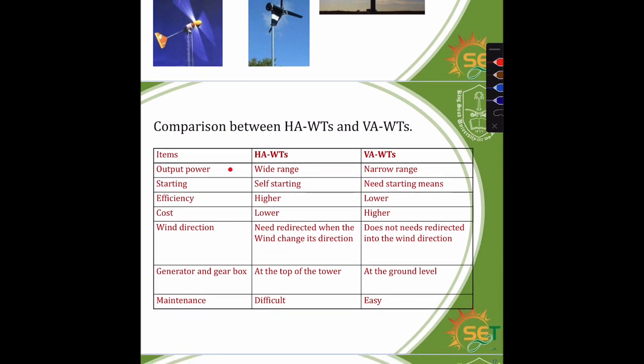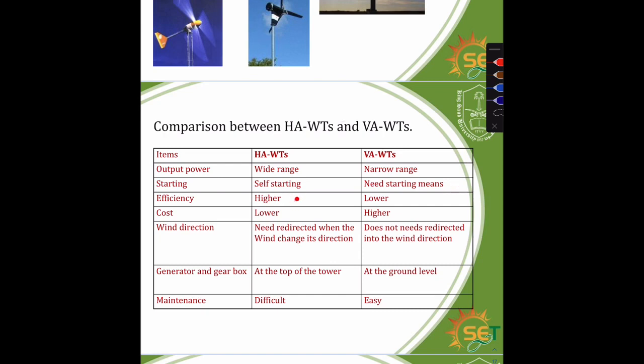The output power: horizontal axis gives a wide range, but vertical a narrow range. Starting: the horizontal axis turbine is self-starting, but compared to it, a vertical axis turbine needs like a push or something, so it needs starting means.